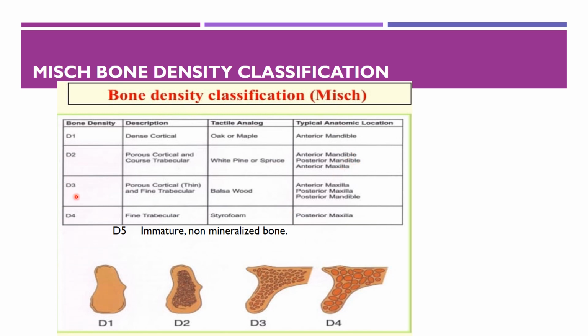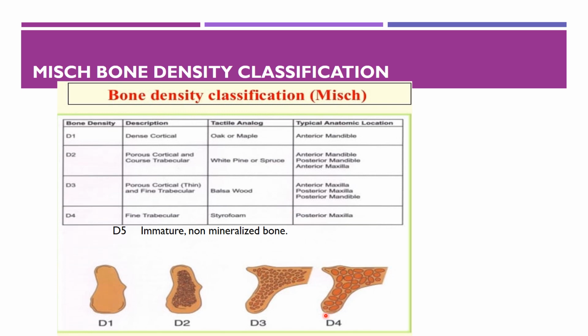D3 is a porous cortical, thin, with a fine trabecular area, and D4 will be fine trabecular. So you can see that D1 is very dense cortical, here it is porous cortical with coarse trabecular, and porous cortical with fine trabecular, and this fine trabecular.